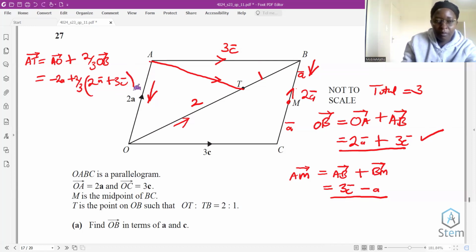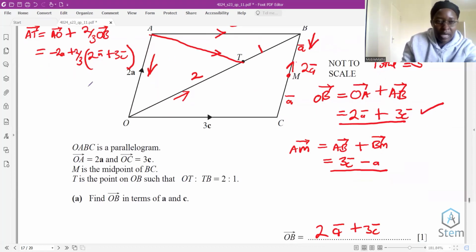So if we simplify this, this is going to be equal to minus 2A, then plus 4A/3, then plus a 2C, okay? Because if I say 2/3 times 3, I get a 2. 2/3 times a 2A, I get a 4.